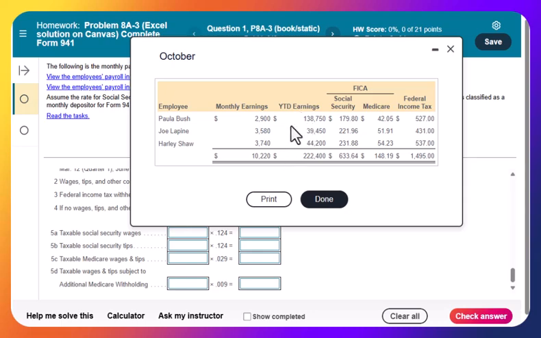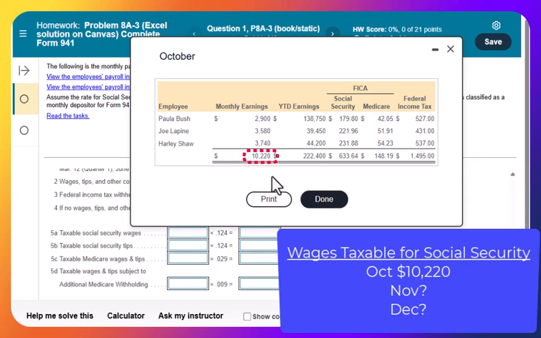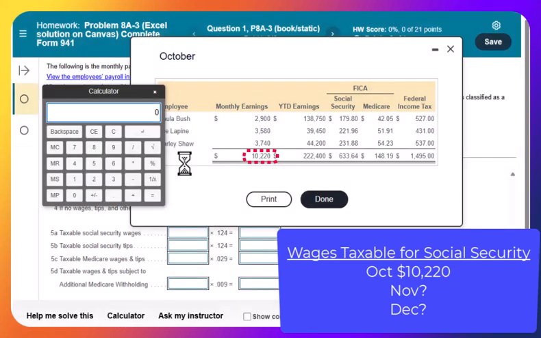So is she above the limit? No, it does not appear anybody's above the 142,800. So all of the 10,220 is subject to Social Security tax for October. So we can go ahead and open our calculator and throw that in. 10,220.